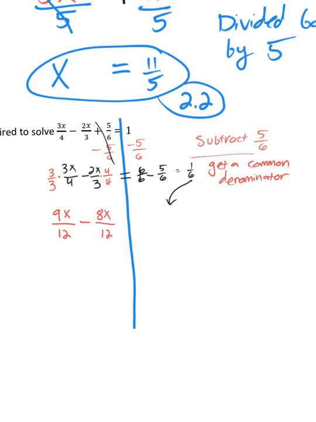Oh, this is super nice, because now I have common denominators, and that is equal to 1/6 that we got from before. So from up here, this comes down to there. When a common denominator happens, I can just combine them. So I keep the denominator the same and I add the numerators, the top of the fraction. 9x minus 8x is just 1x, equals 1/6.